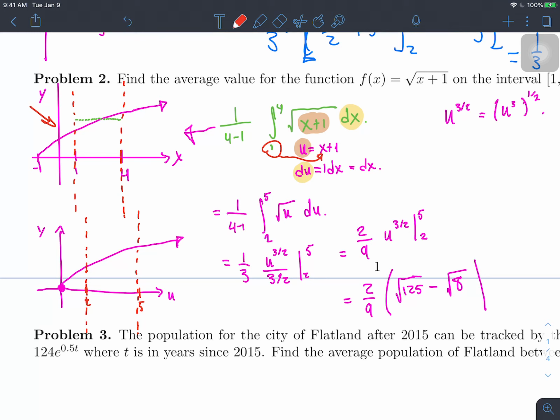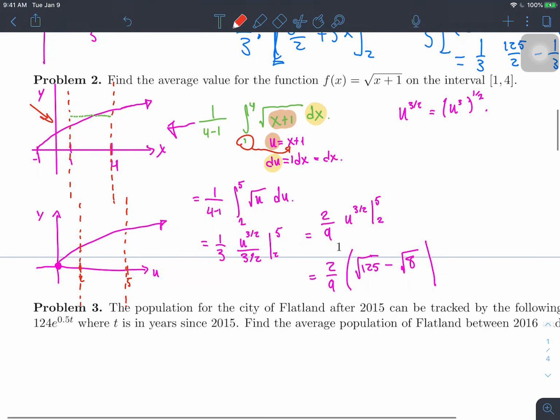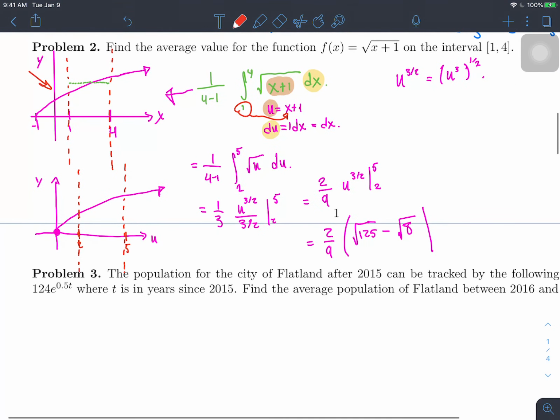Maybe there is another way to do it and I just don't know of it. x to the 1/2, x plus 1 to the 1/2. I'm pretty sure u substitution is necessary for this problem. Yeah, it's definitely necessary.